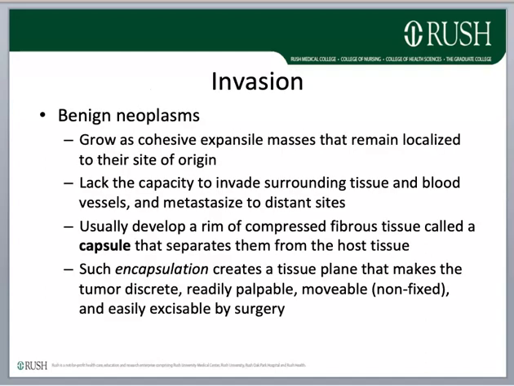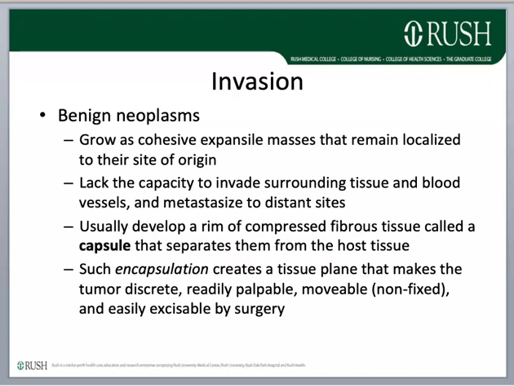Another general feature of neoplasms is invasion. Benign neoplasms grow as cohesive but expansile masses that remain localized to their site of origin. So these tumors specifically lack the capacity to invade surrounding tissue and blood vessels and, of course, metastasize to distant sites.